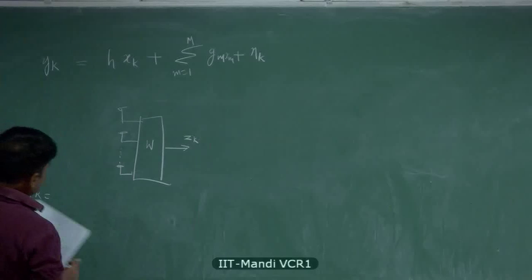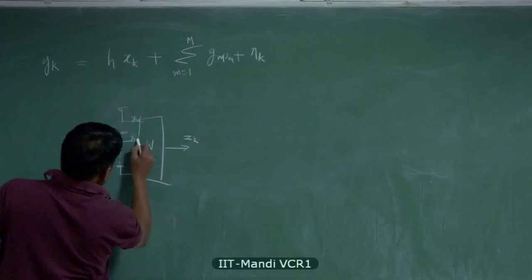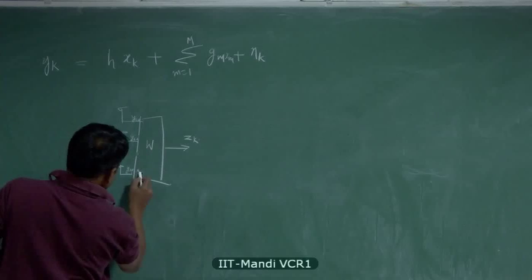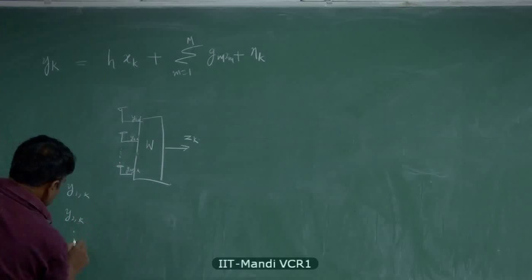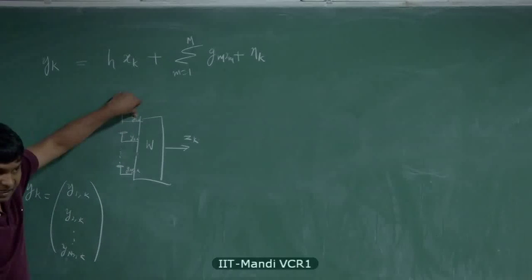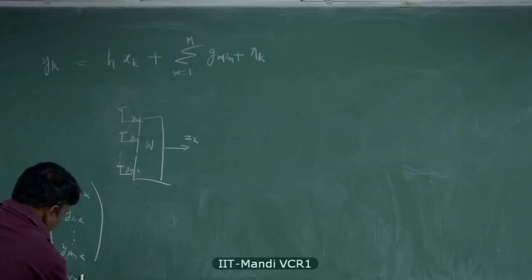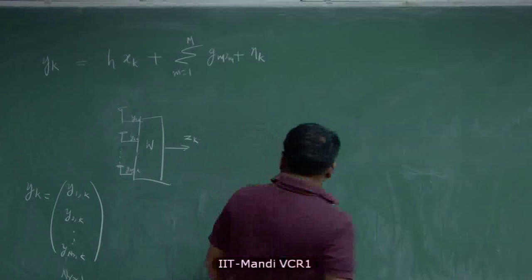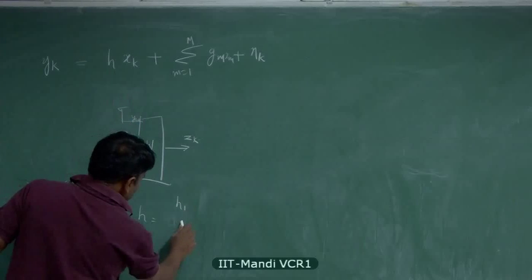YK is the signals received from various antennas: Y1K, Y2K, up to YNR,K. So I receive a signal on the first antenna, Y1K, and the signal received from the second antenna, and I stack them in a vector format. This is a column vector of length NR. Okay? And H is the channel gain on the first antenna.